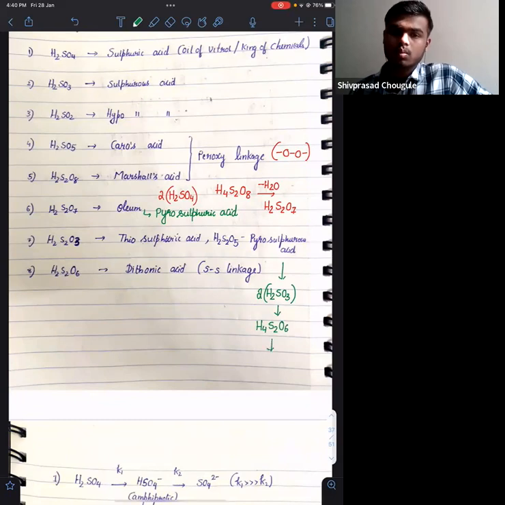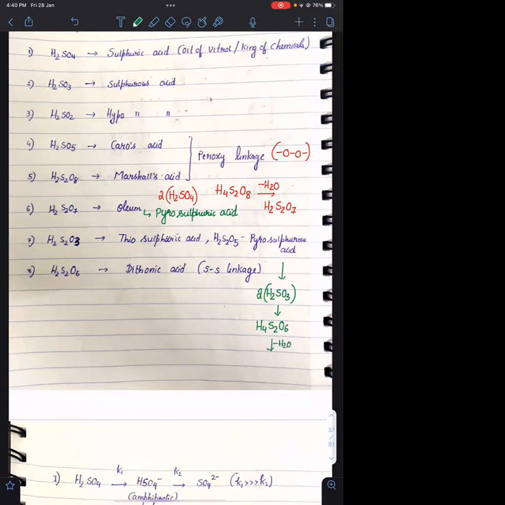H4S2O6. If you remove H2O from this, what will you get? H2S2O3. Sorry, H2S2O5. Is that clear? H2S2O5, which is nothing but pyrosulfurous acid.